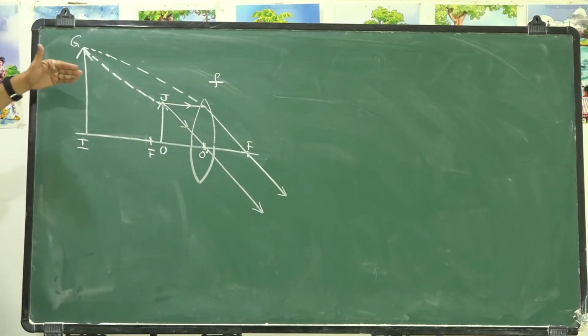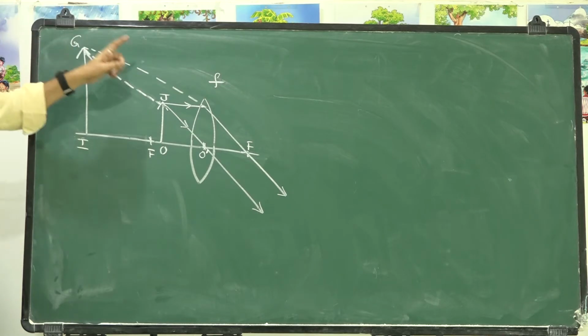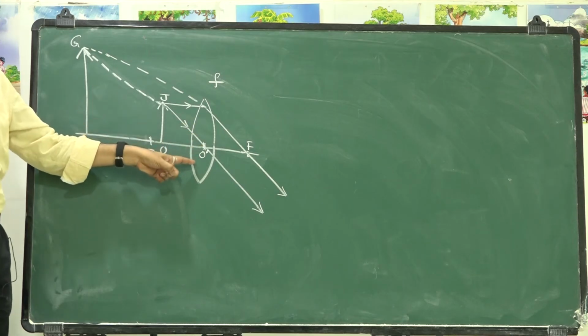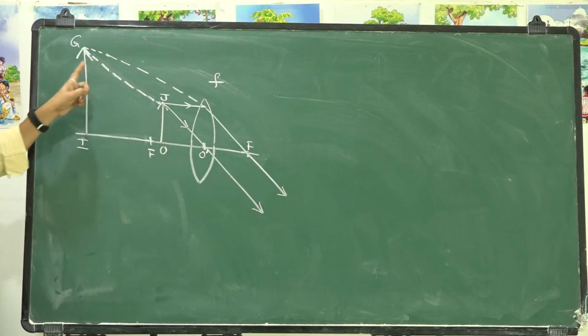Now the magnifying power of this microscope is defined as the angle subtended by the image when it is at the least distance of distinct vision at the eye, to the angle subtended by the object when the object is imagined at the least distance of distinct vision.